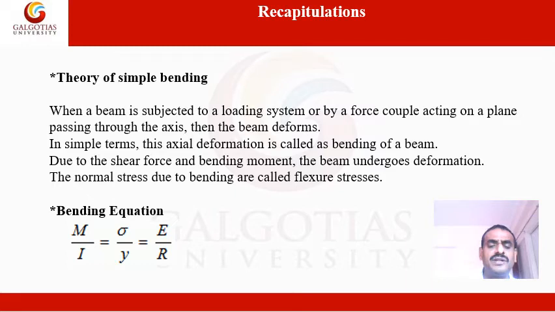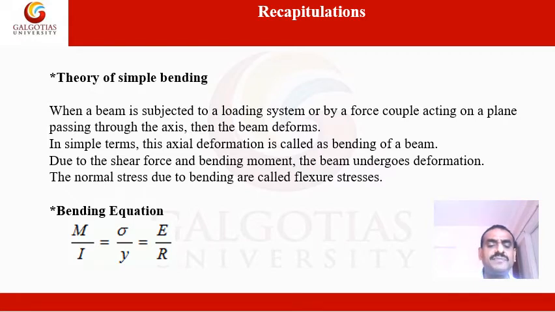When a beam undergoes deformation, it will make some curvature. This curve has an arc, and the distance between the center point of the arc and the curve is the radius of curvature. So this equation is called the bending equation: M by I equal to sigma divided by y equal to E divided by R.